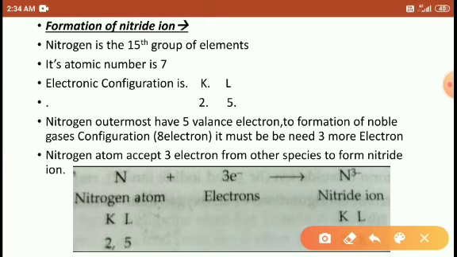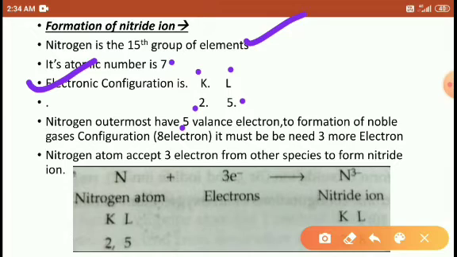So, formation of the nitride ion. Nitrogen is a group 15 element, students, and its atomic number is 7. Electronic configuration is K L: 2, 5. Nitrogen atoms have 5 valence electrons.